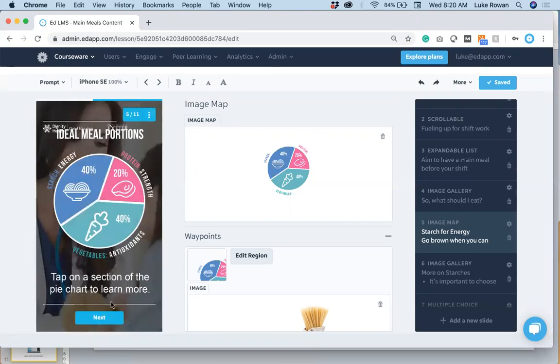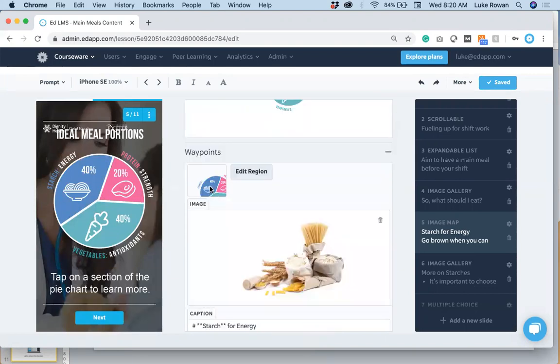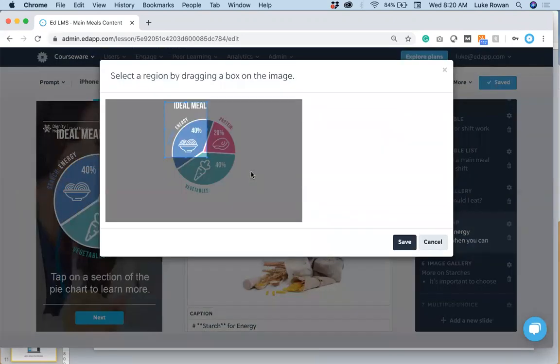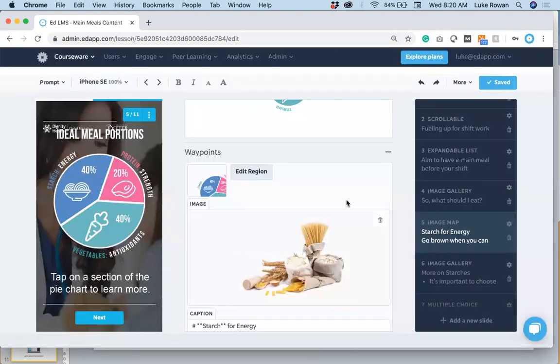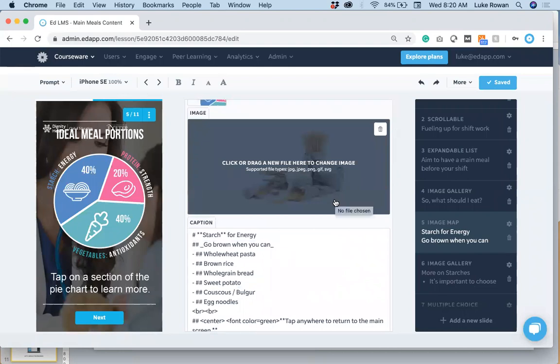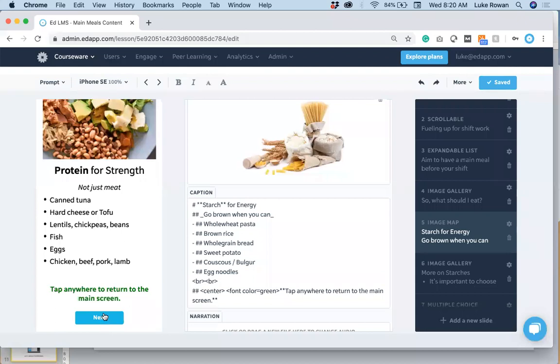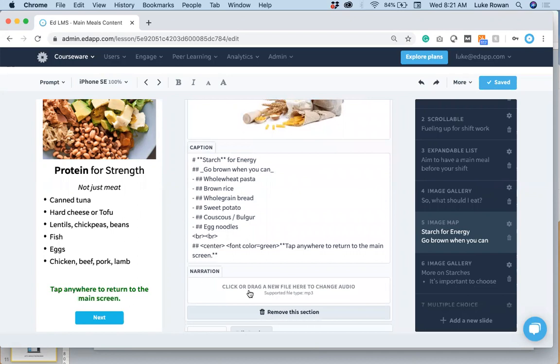The challenge with limited screen real estate is how do you provide both a big picture and a drill down, and image map provides that. You can see that this pie chart has regions that are clickable, and when you click on a particular region, it pops open a drill down into that region. You can see that there's a different image that's available, and then we provide a bulleted list that fleshes out that particular section of the image map.